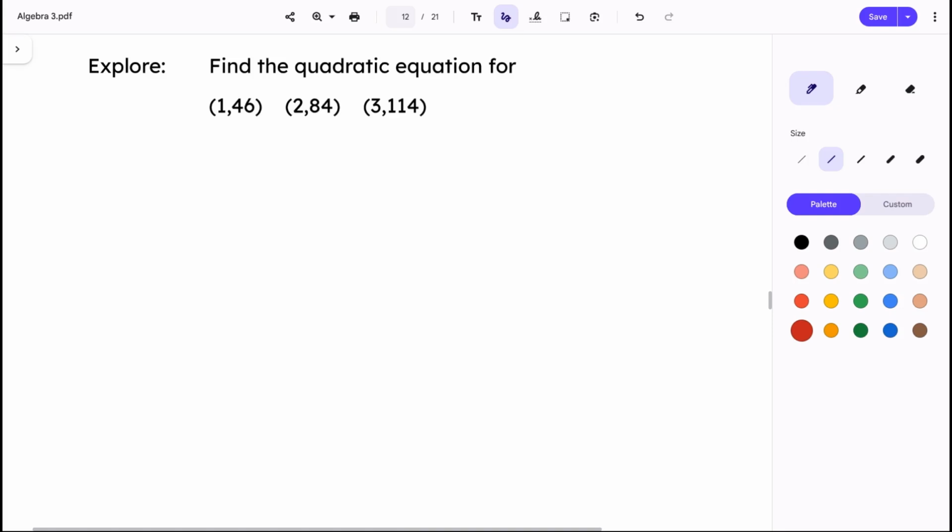So let's start first by just writing out our equation. So if we start with the 1, 46, and again, you're thinking about this equation right now. What would that say if you plug it in? What goes in for the y? 46.